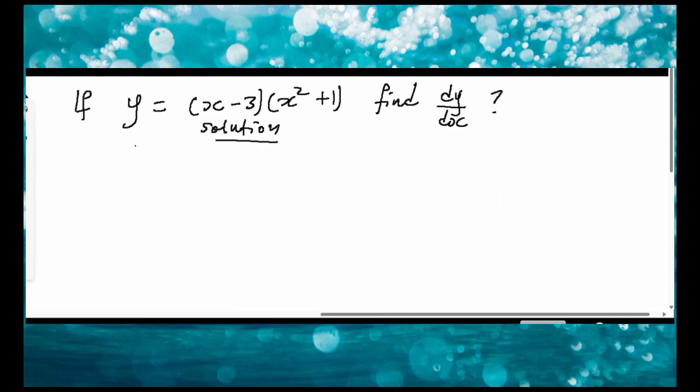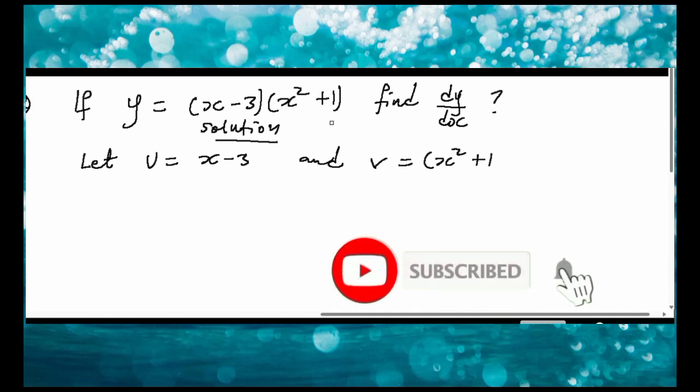We can say, let us first do some declarations. Let u be equal to x minus 3 and v be equal to x squared plus 1, right? x squared plus 1.